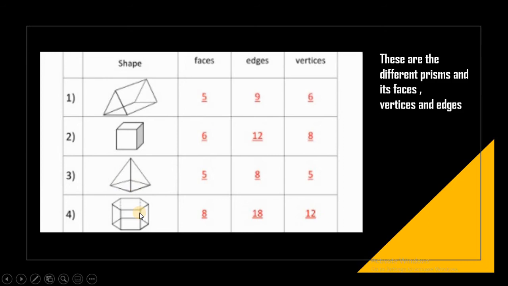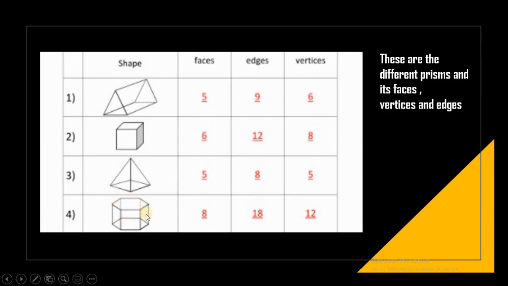This is a hexagonal prism because it has six vertices on both the ends. It has 8 faces: 1, 2, 3, 4, 5, 6, 7 at the bottom, 8 at the top. 18 edges.